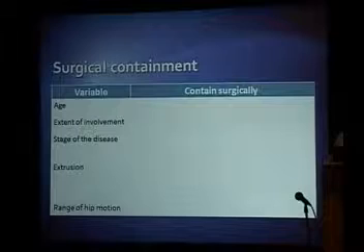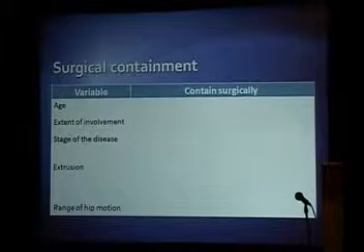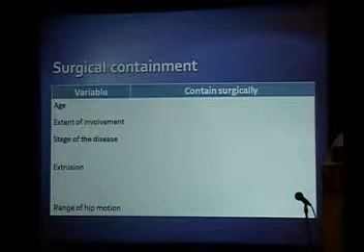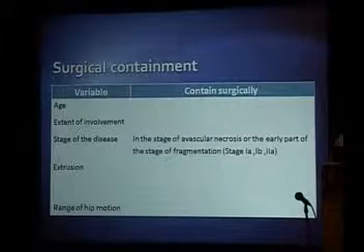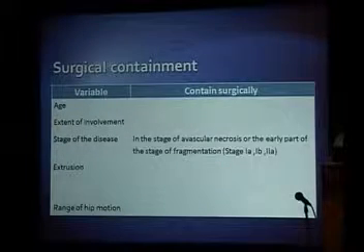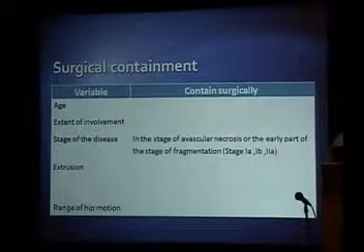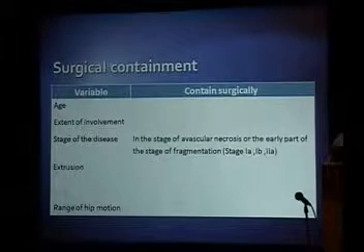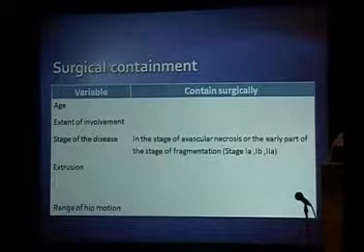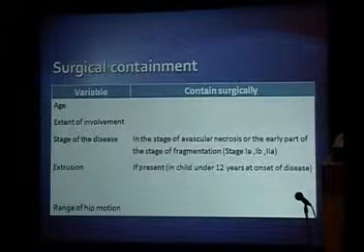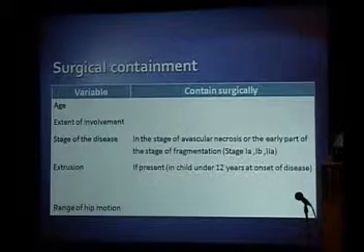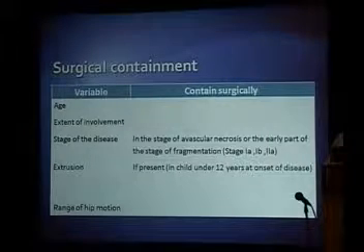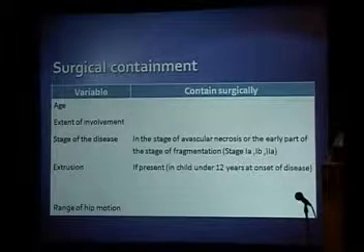So when you think of surgical containment, there are other factors to take into consideration. One is the stage of the disease, as I mentioned now. You would consider containment if the child is in the stage of avascular necrosis or the early part of fragmentation, not after that. You would consider containment if extrusion is present in children who are under 12 years of age at the onset of the disease.